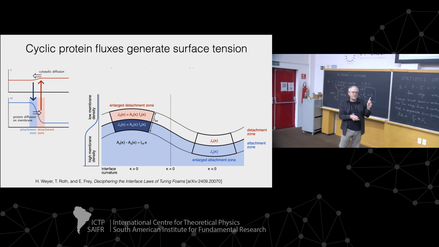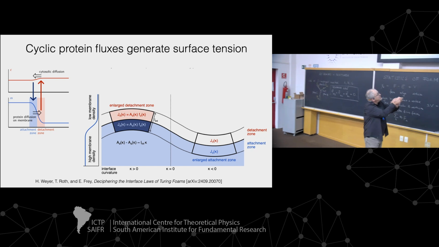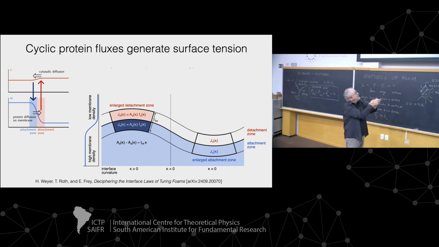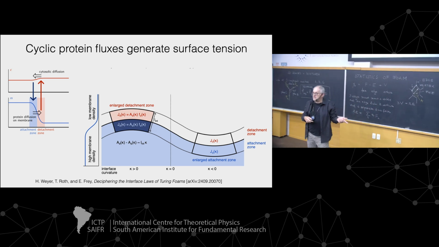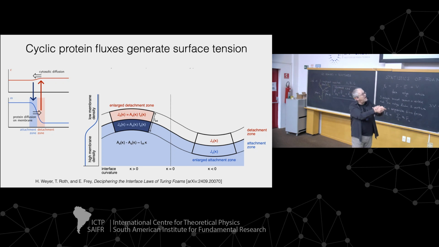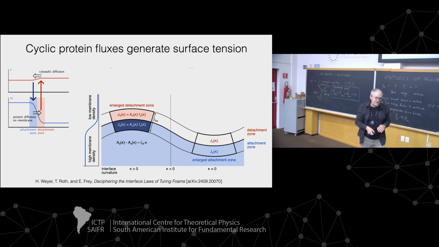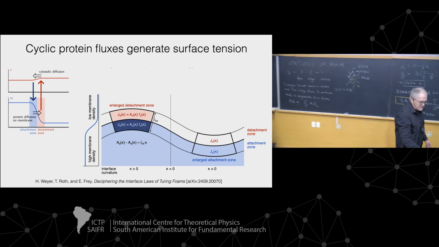But here's the key, right? That means you enlarge the detachment zone and you decrease the attachment zone, and you do vice versa on the side where you have negative curvature. Here you decrease the detachment zone and you increase the attachment zone. So that means here there will be a surplus of proteins in the cytosol, and here the cytosol concentration relative to the other side of my interface will be depleted.